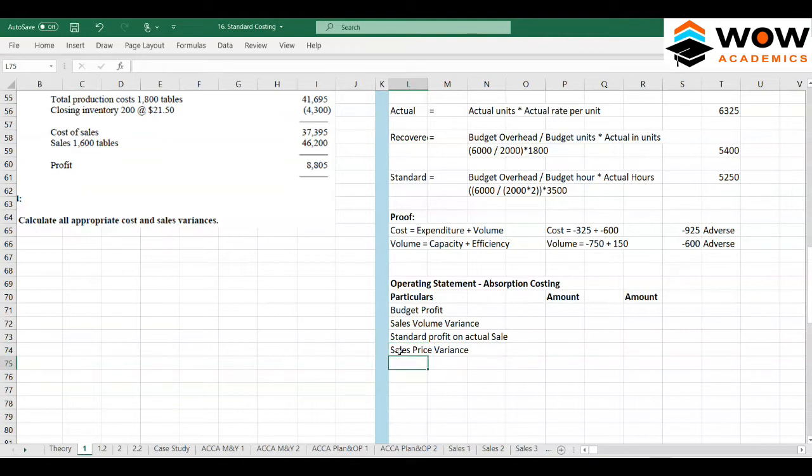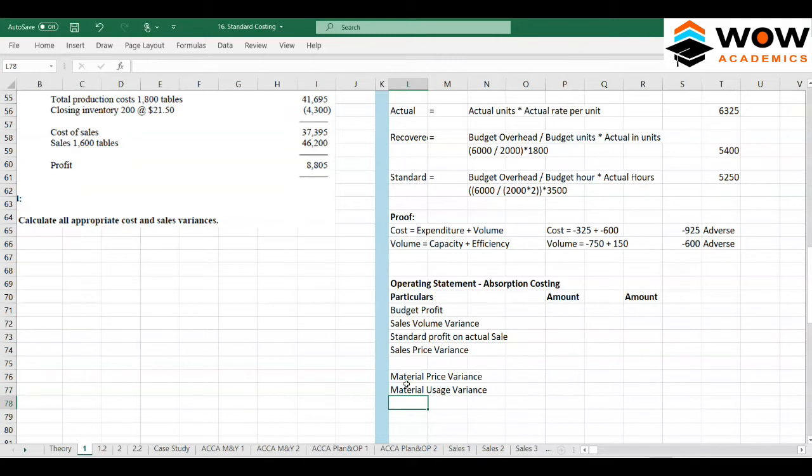So we have material price variance. Then we have material usage variance.